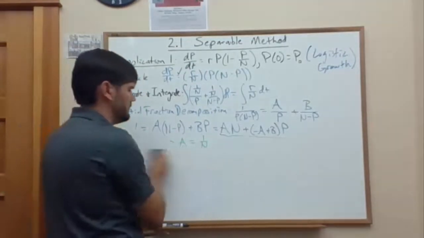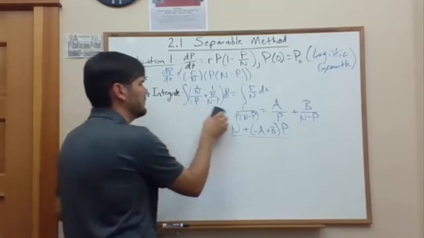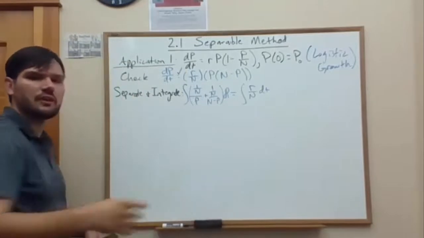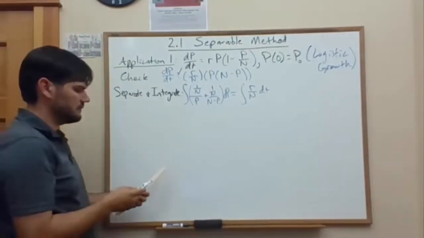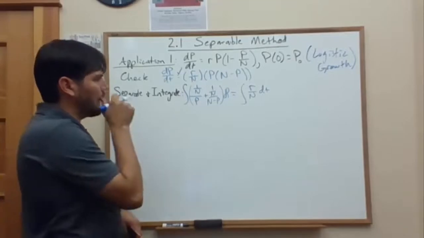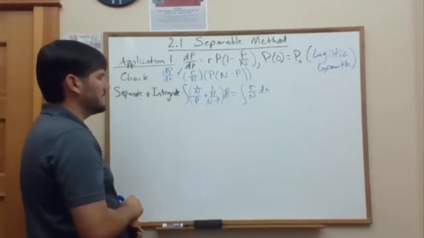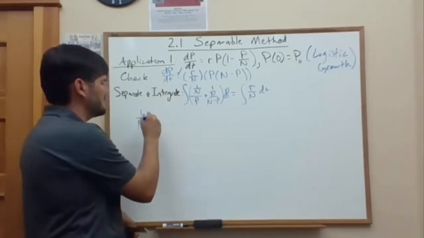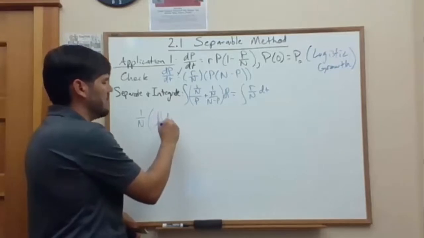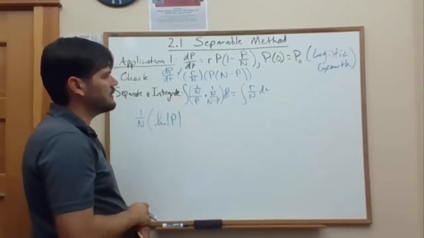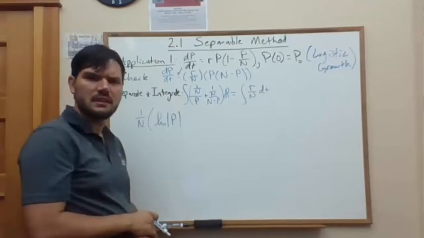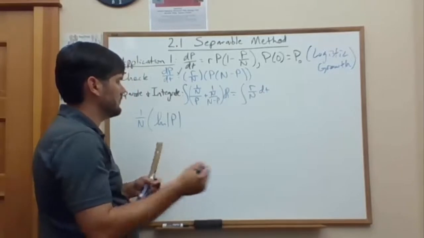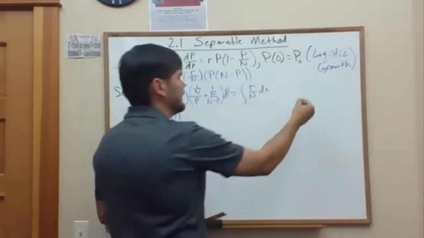Let's erase our algebra. Okay, so now that we've done the algebra to simplify it, we can integrate. First, I can bring the 1 over N out. Then I integrate 1 over P. That gives me natural log of absolute value of P. Then I integrate 1 over N minus P. It's a very quick u substitution. So let me write that out on the side here.